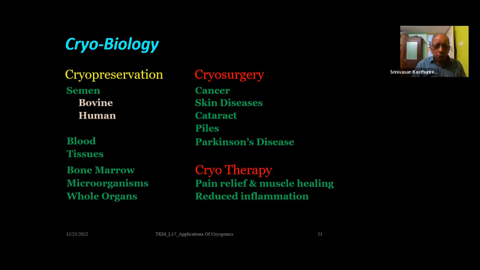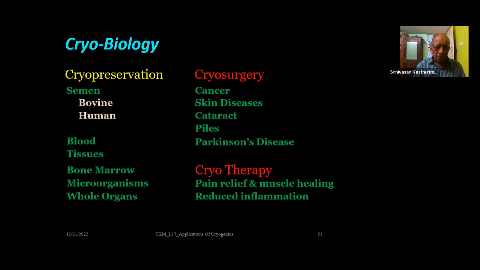I'm going to discuss with you the applications relating to cryobiology. First of all, you can do cryopreservation. You can preserve semen, bovine or human, then blood, tissues, bone marrow, microorganisms or complete organs.